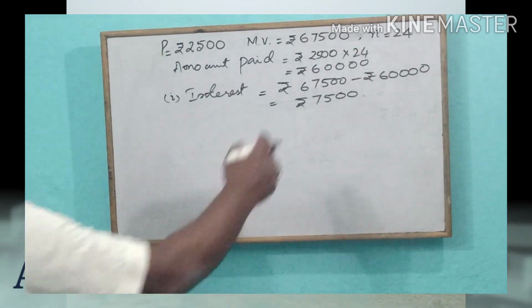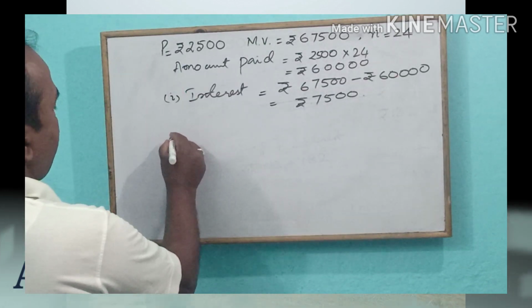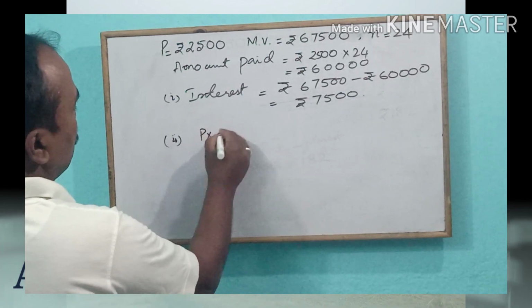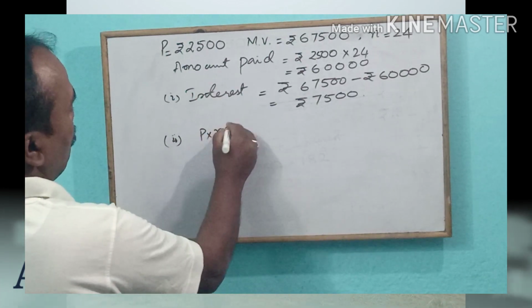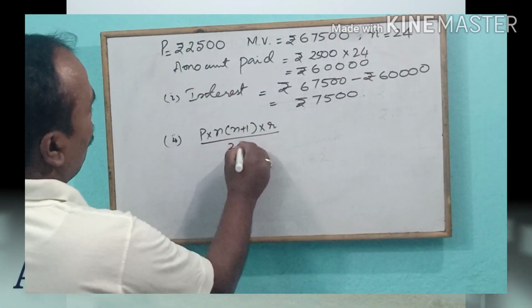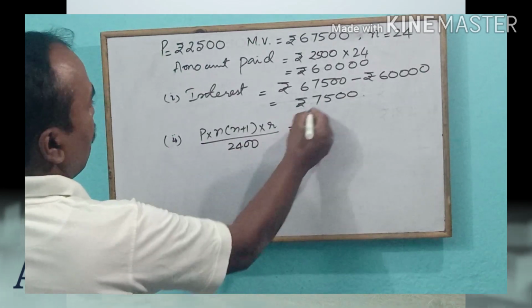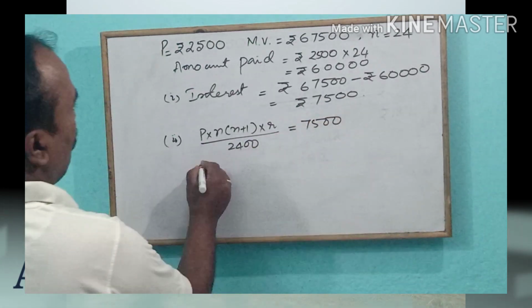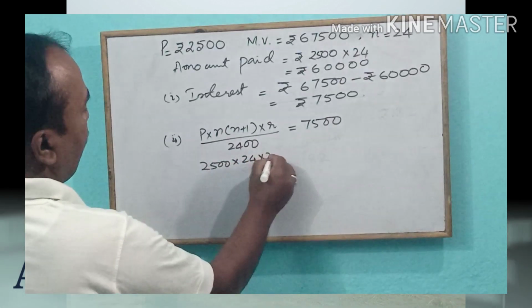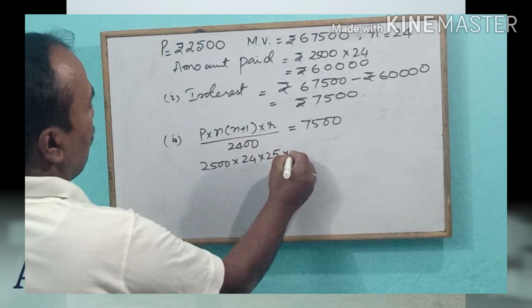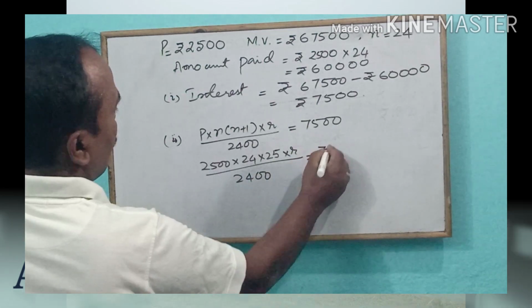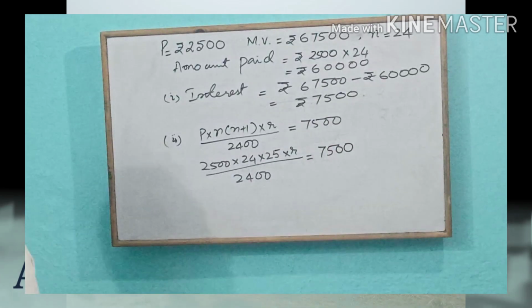And what is the rate of interest? Rate of interest will be, let us put in the formula, P into n into n plus 1 into R by 2400, which will be equal to 7,500, or 2,500 into 24 into 25 into R by 2400, that is 7,500.